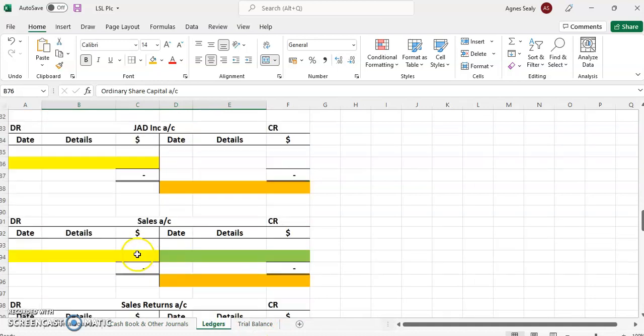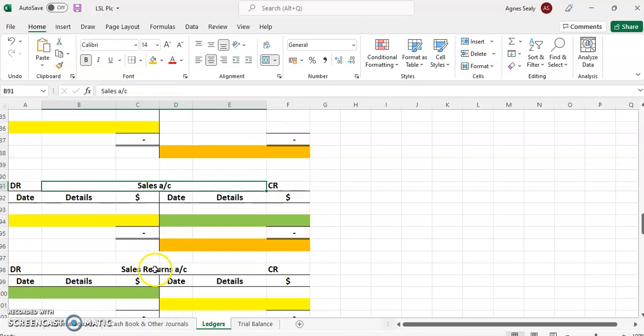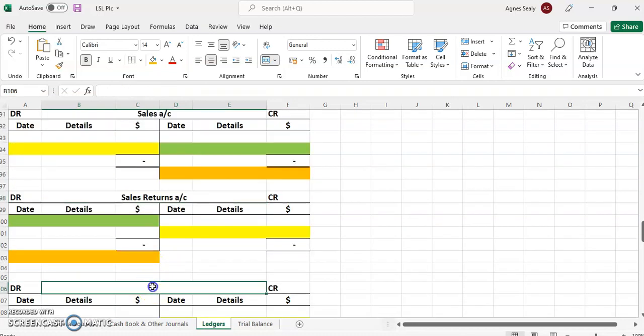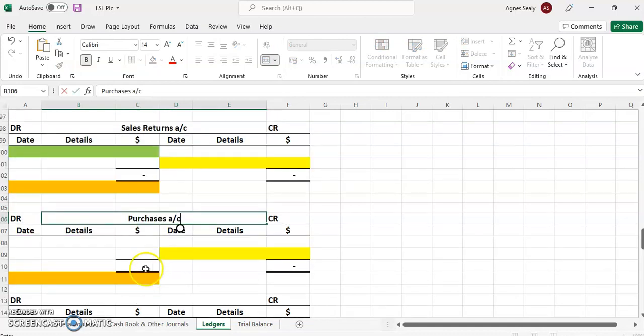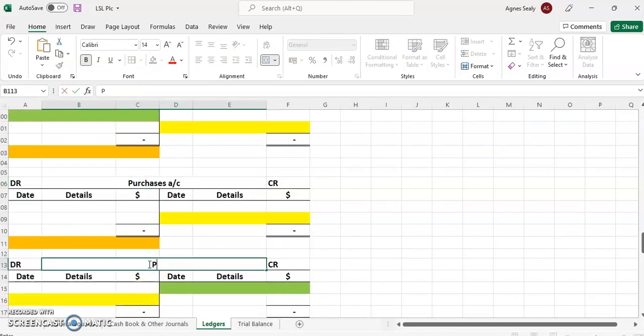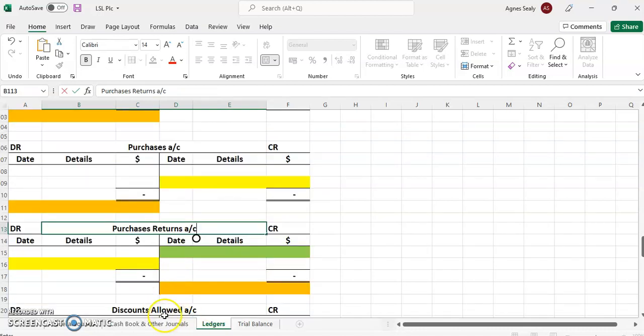So in our general ledger, we will have an account for sales, one for sales returns, one for purchases, and one for purchases returns. So we have those accounts.